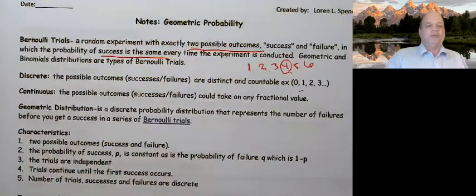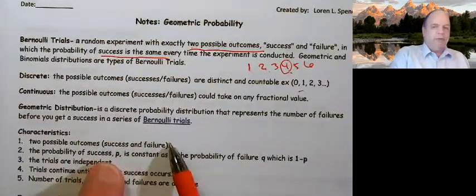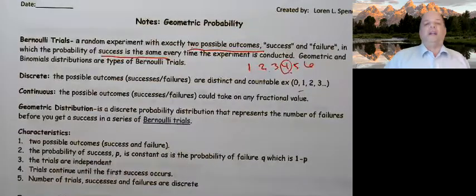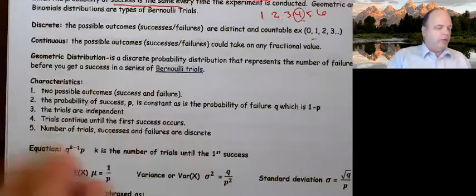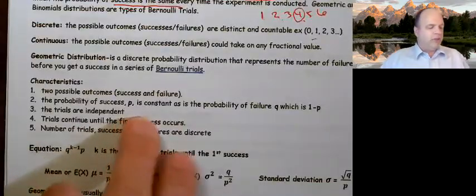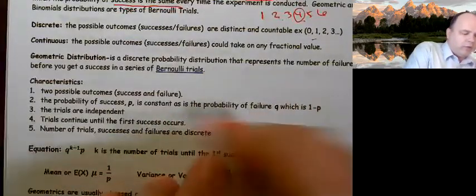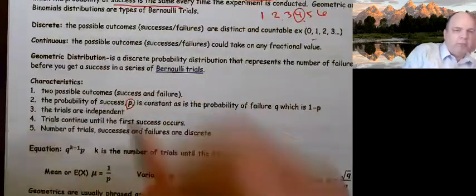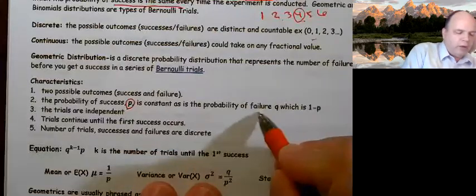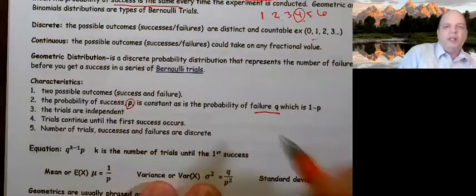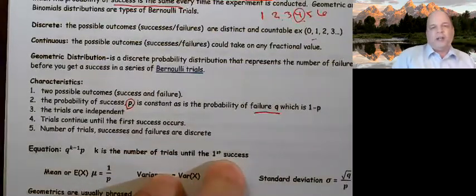Now, please remember, we have to have two possible outcomes or be able to define it as two possible outcomes, a success and failure. The probability of success is constant, as is the probability of failure. By the way, we're going to have success be represented by a P, failure is going to be represented by a Q. And you're like, well, gosh, that doesn't help.